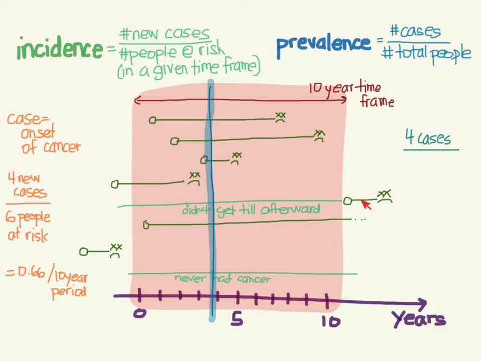They didn't get cancer till later, but they count, 5, 6. So we have 6 people that we are looking at in total at this snapshot in time. Remember, this guy didn't live to that snapshot, nor did this. So 4 out of 6, or you could say the prevalence of disease at year 4 in this study was 66%.